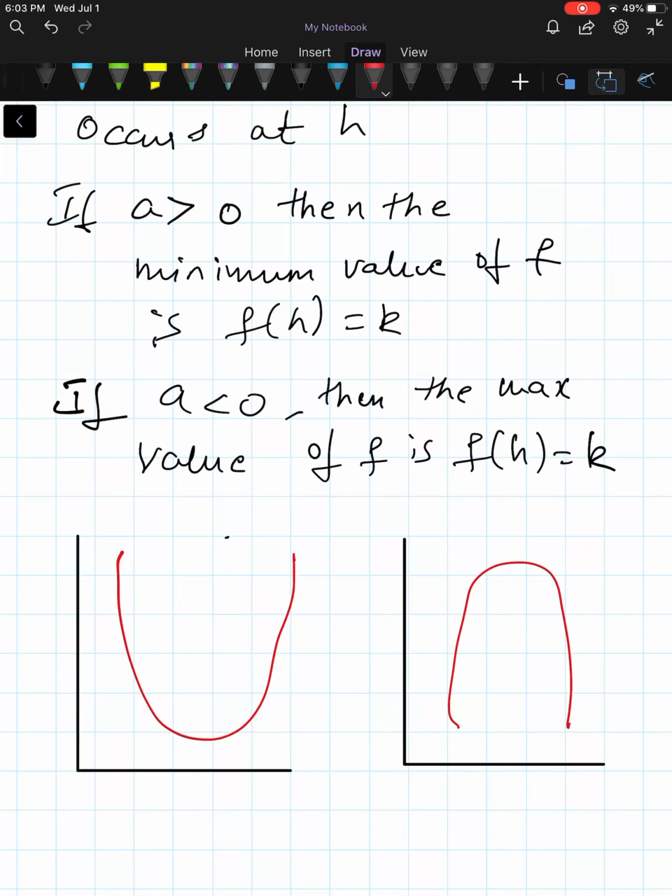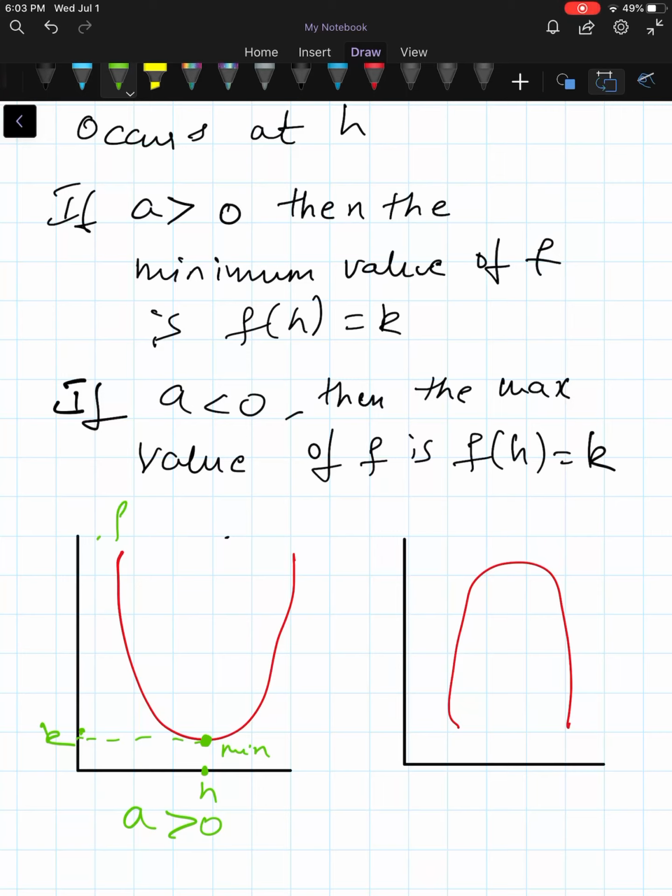This particular point here, the one I'm marking in green, is nothing but h comma k. Input is h and output is k. So this is the minimum value, and it is given when a is greater than 0.